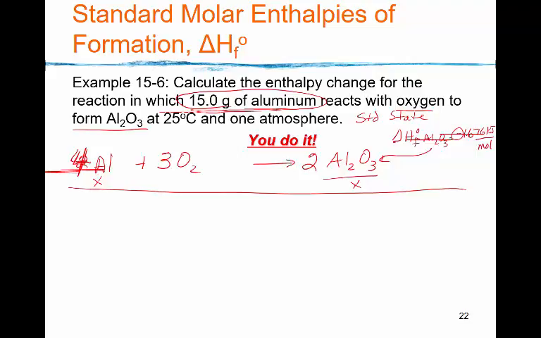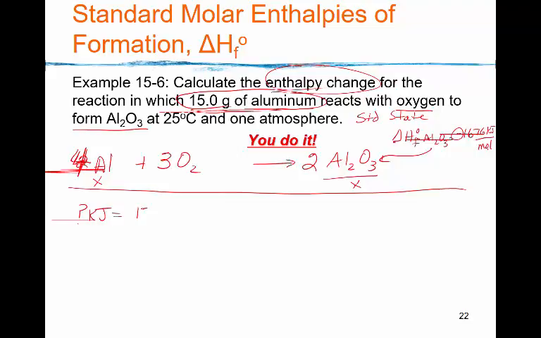So the first thing I'm going to have to do, if I'm looking at kilojoules eventually, I'm going to have to know moles, and then, because this is kilojoules over moles, right? So it's moles times kilojoules over moles is going to give me kilojoules, enthalpy change.